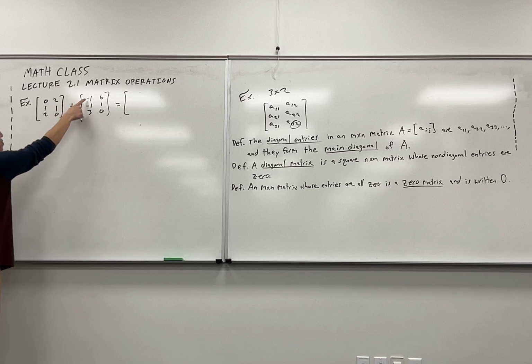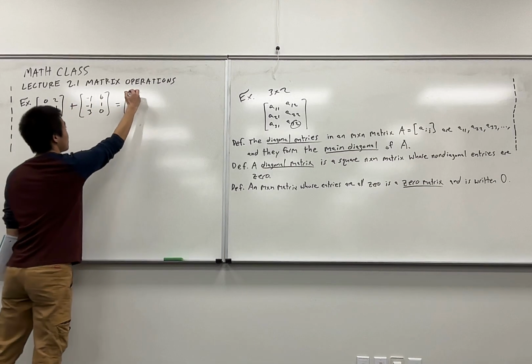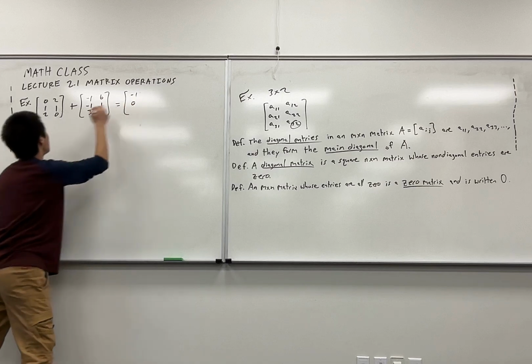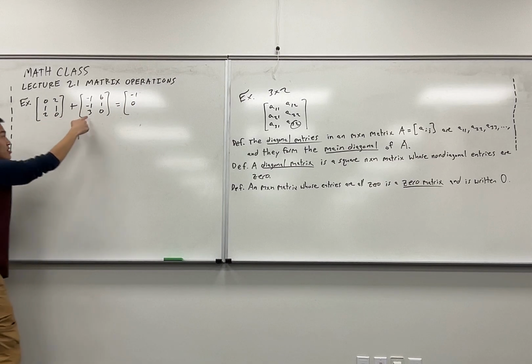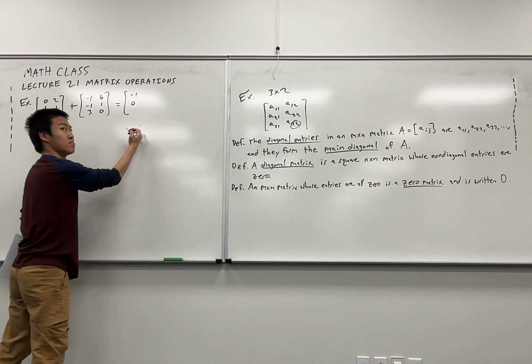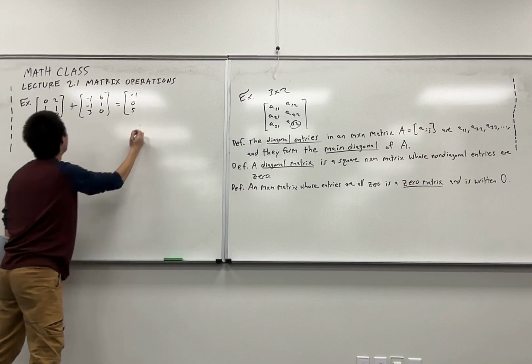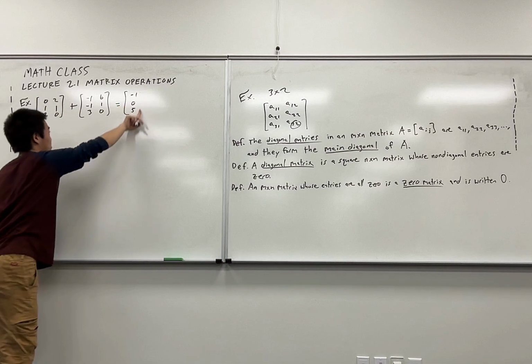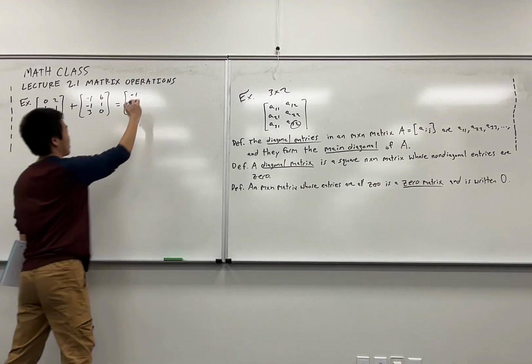So 0 plus -1 is, 1 plus -1 is, 2 plus 3 is, and then now somebody tell me what this column is going to be. 8, 2, 0. Thank you.